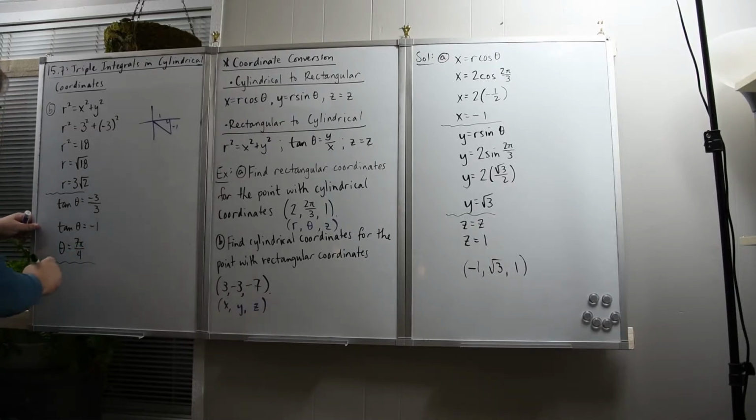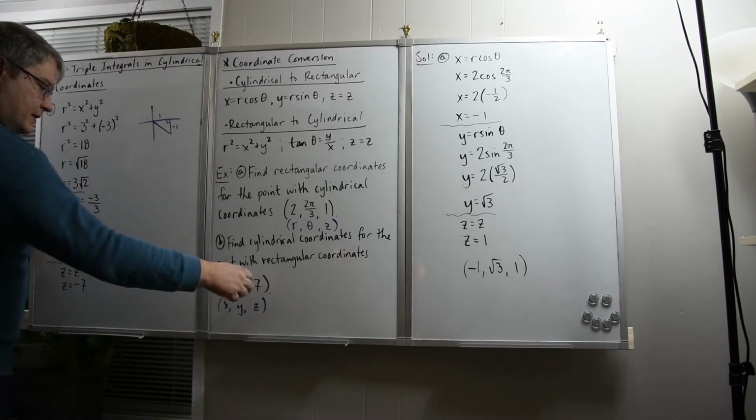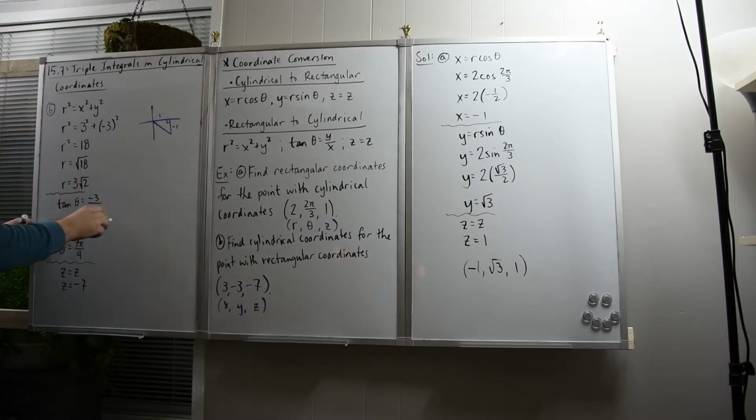And then finally, we have z equals z yet again. This time z is equal to negative 7. And so one set of coordinates that we could use to represent this location in cylindrical coordinates would be 3 times square root of 2, comma 7 pi over 4, comma negative 7.